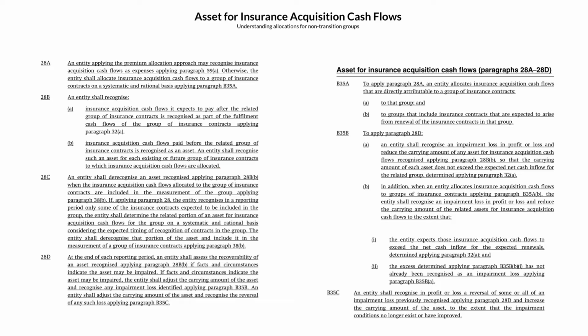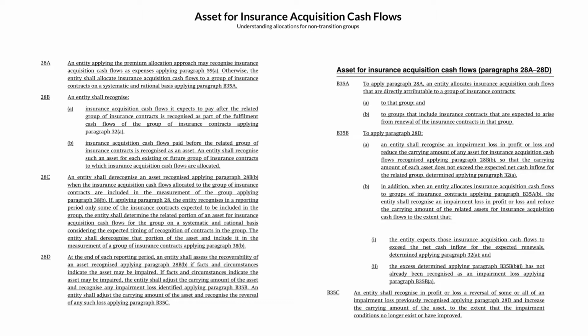So what this is saying is that if you recognize a group of insurance contracts, then there is no asset that you're holding relating to insurance acquisition cash flows because it's actually bundled up in the fulfillment cash flows, which is part of the liability for remaining coverage for a general measurement model group.